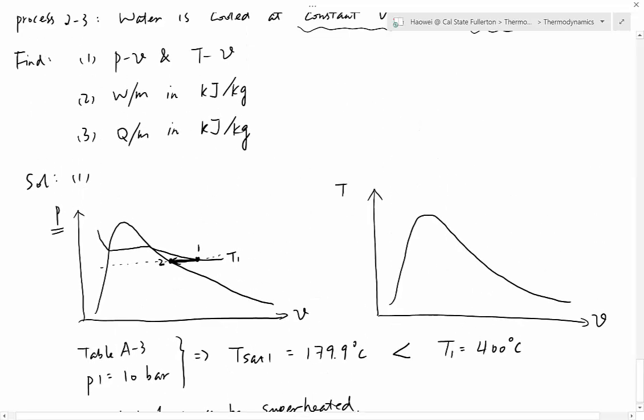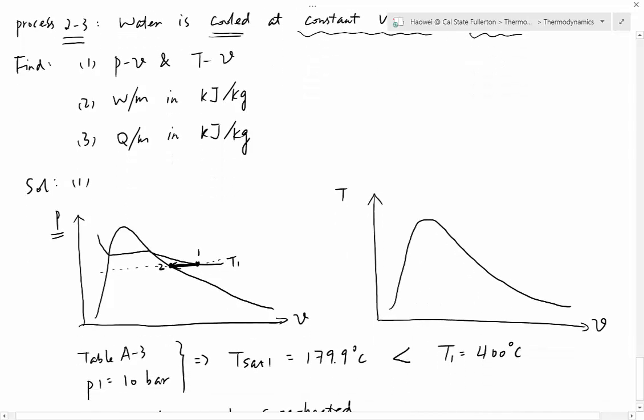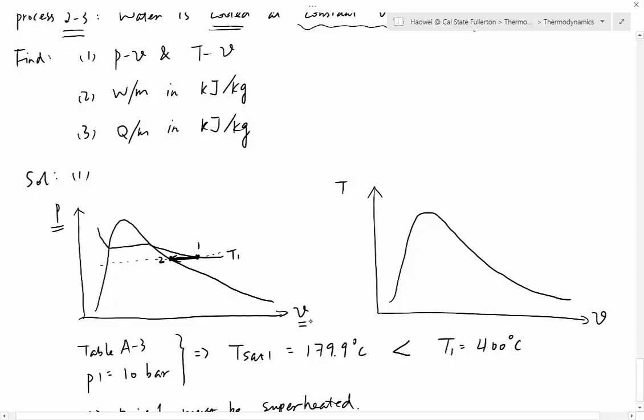And then 2→3. Let's take a look. What is 2→3? 2→3 is a constant volume process and it's cooling down. Okay, 2→3, constant volume. So what's going to happen to my x coordinate nu? Nu is equal to volume over mass.